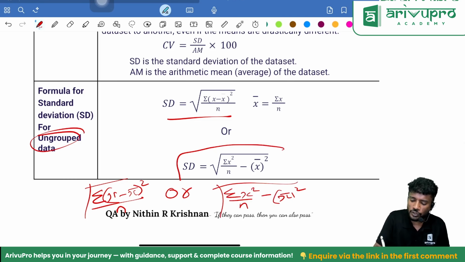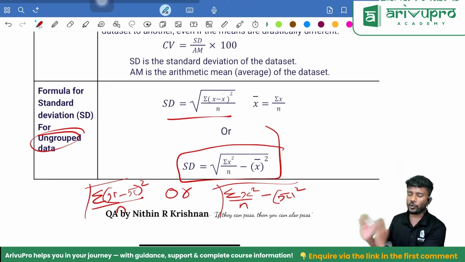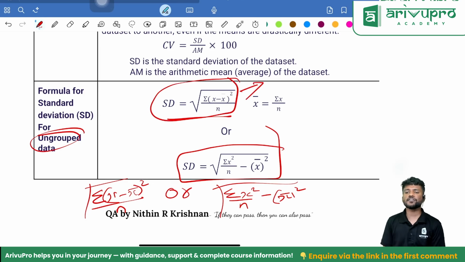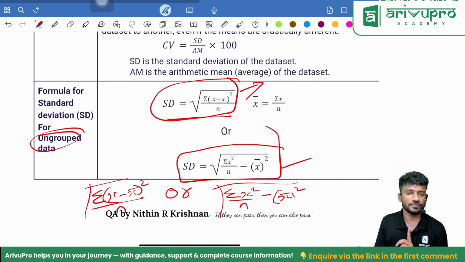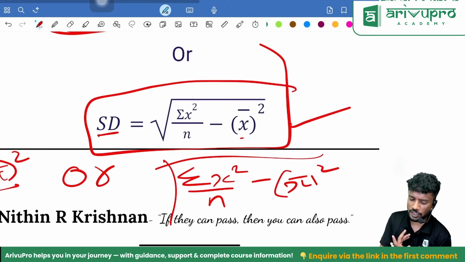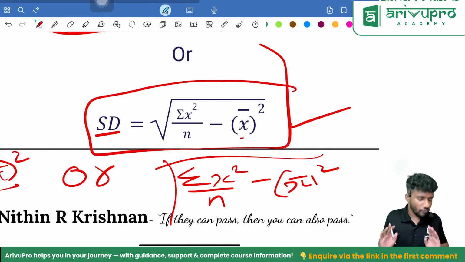This is the most used one, but you need to study both because there are previous year questions based on this formula, where they will give you sigma x minus x bar the whole square in the question. That time can you use the second formula? No. When they are telling to find x bar and all, what formula we will use? We will use the second formula.